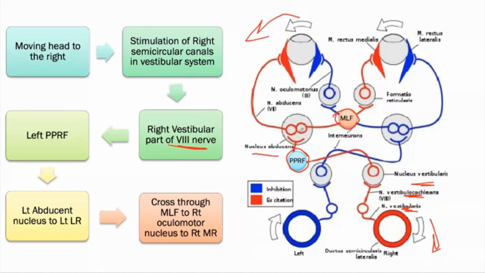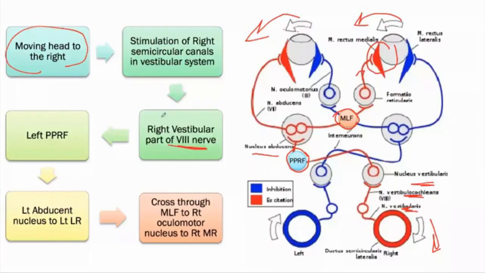The fibers will pass on the contralateral side through the medial longitudinal fasciculus to supply the oculomotor nerve nucleus, specifically the medial rectus nucleus, which will send impulses through the oculomotor nerve to supply the right medial rectus, causing the right eye to move to the left, or adduction of the right eye. So movement of the head to the right leads to movement of both eyes to the left through the vestibulo-ocular system.